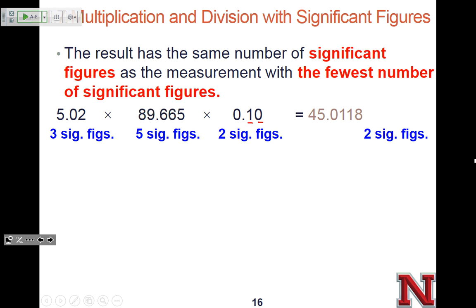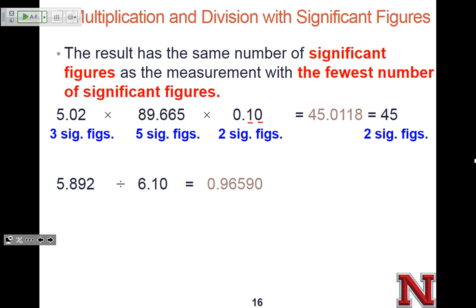So that means our final report can only be in 2 significant figures, so that would be 45, or you can put 4.5 times 10 to the 1, but this one's not really necessary because the 0 is not part of the measurement. So that would be our 2 significant figures.